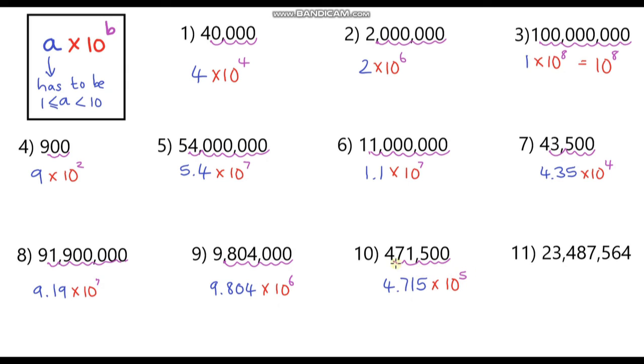So we don't even need to do all of these squiggles. If you can spot the rule or the pattern, you can just write in the power itself. It's always good to double check. So the next one is going to be 2.3487564. We're going to have to use all of these digits, and then we're going to multiply it by 10.